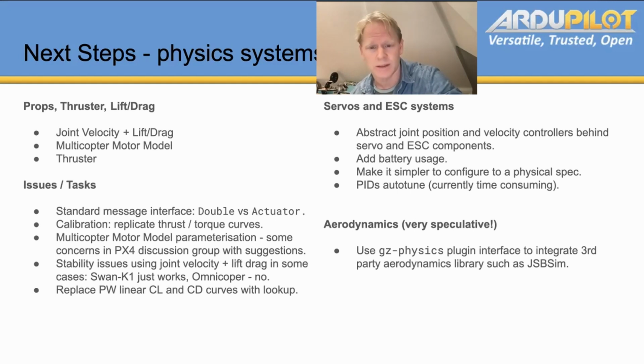At the moment, it's quite time consuming to set up each of these controllers properly, because different vehicles have different inertials, and they require different PID controllers for each of the joint or velocity controllers. So making that easier would make it an easier process to set up new models and get them running properly.